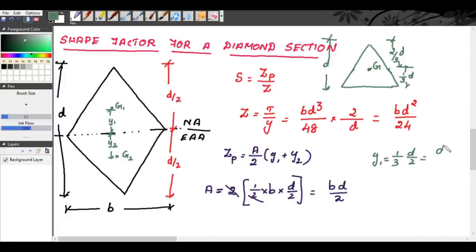So Y1 is equal to D by 6. Similarly, Y2 is also equal to D by 6.